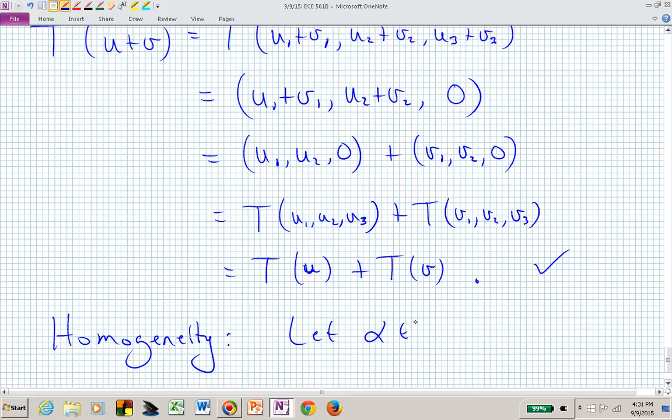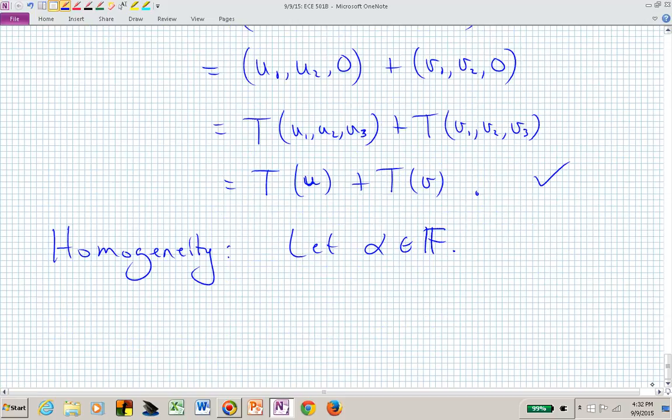The homogeneity property says let's start with some number or scalar in our field of numbers, R or C, and use that scalar to scale the vector u.